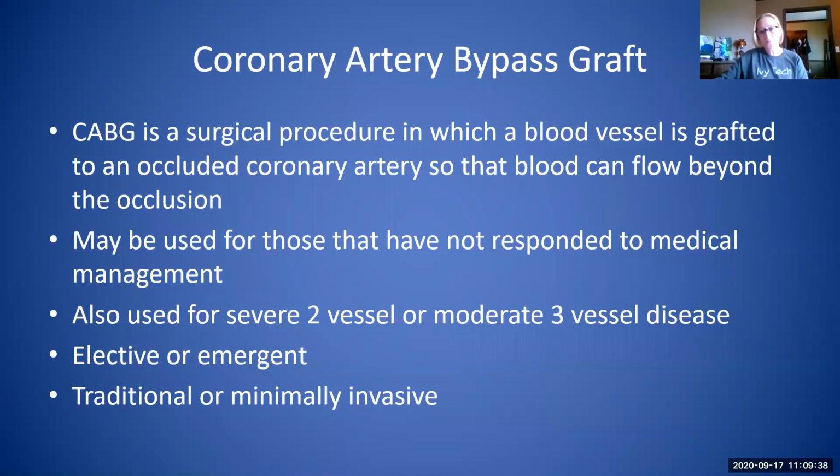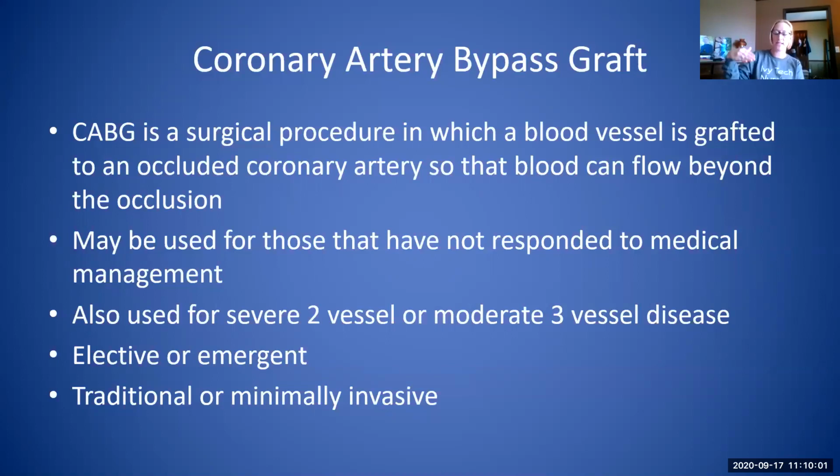All right. So then the other option, if their vessels are not a good option for stents, is our coronary artery bypass graft, our CABG, which is a surgical procedure in which a blood vessel is grafted to an occluded coronary artery so that blood can flow beyond the occlusion.